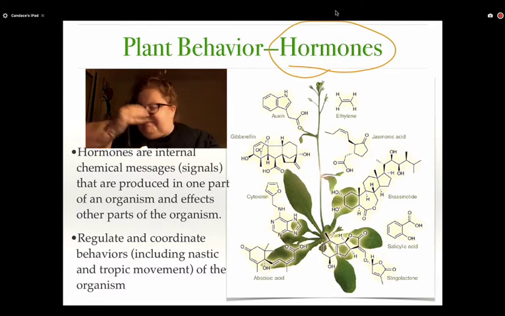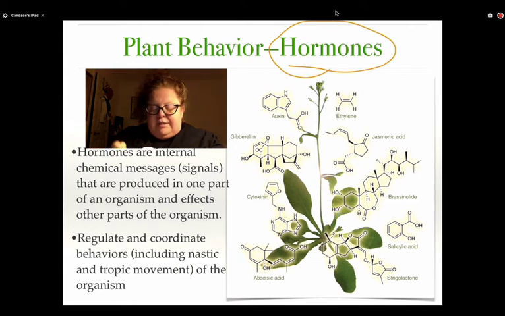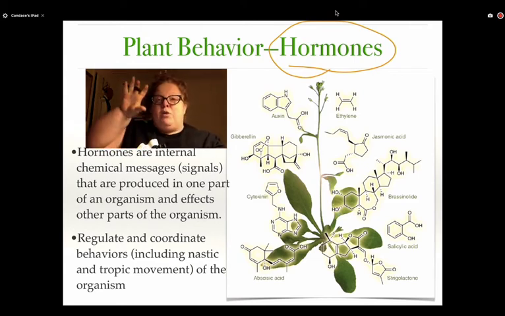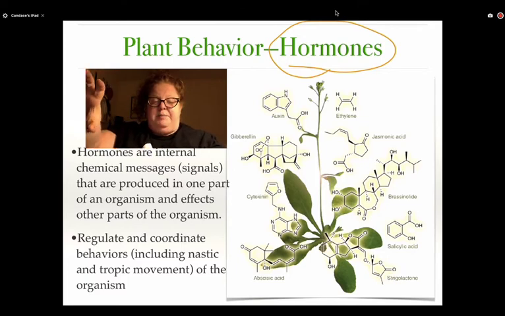What is key is not just that they're an internal signal, but that they are produced in one part of the organism and affect other parts. So this is true in mammals, in fish, in plants, in fungi. That's what makes something a hormone.